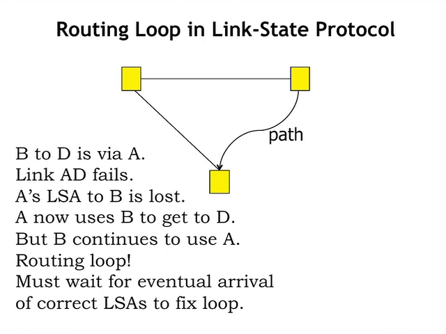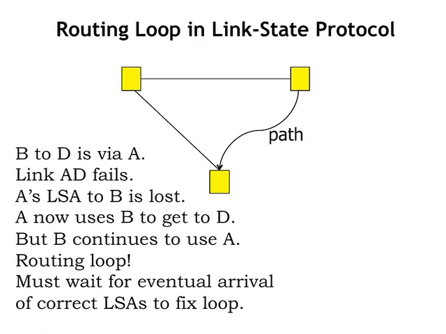Now you have a problem, because when A gets a data packet that it wants to send to destination D, previously it sent it this way, but now it knows that link has failed, so it sends the packet to B because its route for D is via B. Well, B gets that packet and looks it up in its routing table, and B believes that the way to get to D is via A, so it sends it back to A. Well, A gets that packet and says, oh, that's great, this is a packet for destination D. I look it up in my routing table, it goes via B. And this ping-pongs for pretty much as long as you want.